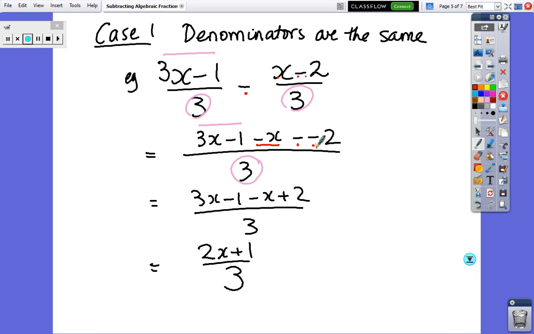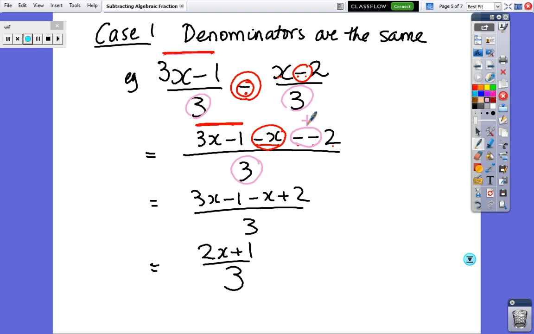Okay, so go through it again. This first one, you just write it out exactly the same, 3x minus 1, but then we're minusing, so we minus x, which is written as minus x, and then you're minusing minus 2, so we write down minus minus 2. And then, like we said on the last slide, when you have two minuses head-butting, we make that a plus.